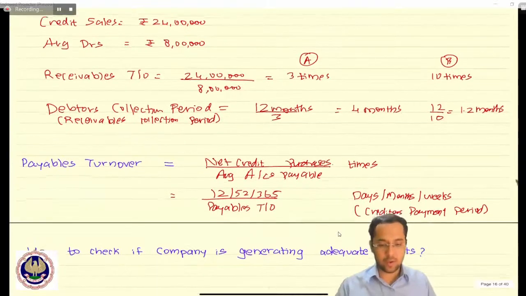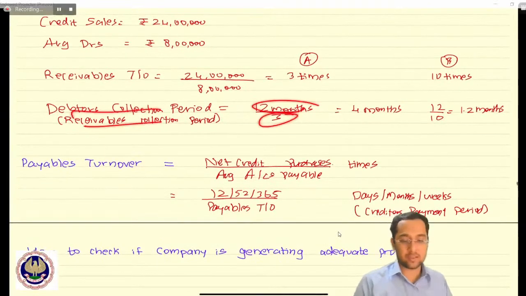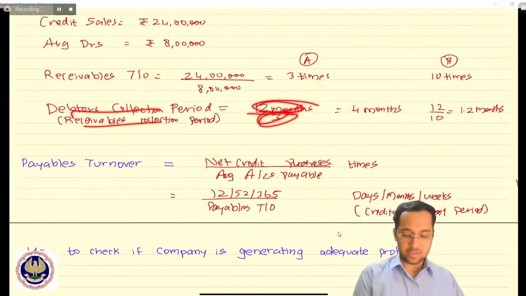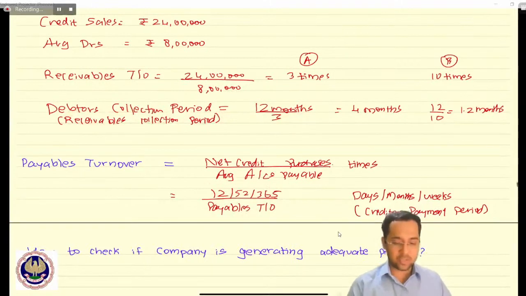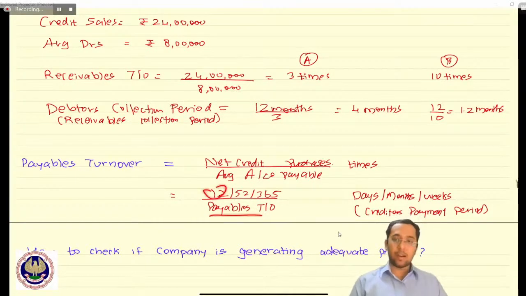Just as we had over here, debtors collection as 12 divided by the receivables turnover. Payables turnover is also going to be on the same lines. If it is months, it's 12 divided by payables turnover. If it's weeks, 52 divided by payables turnover. If it is days, it can be 365. Sometimes you can also have it as 360, if the question specifies.